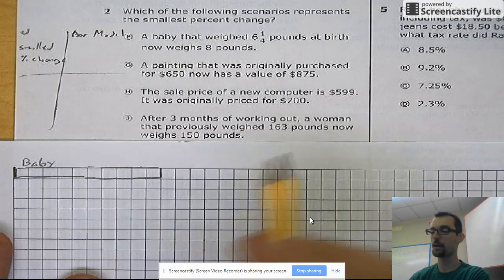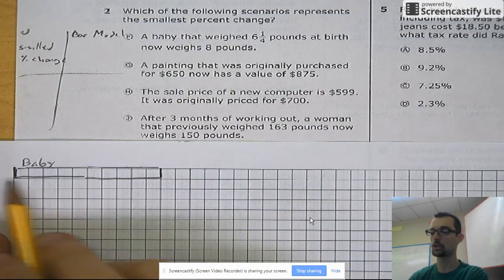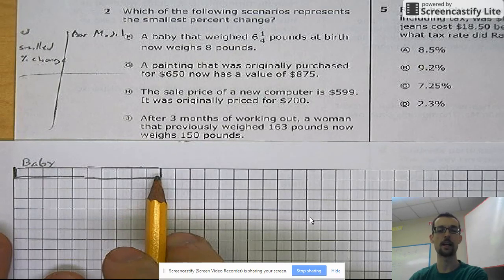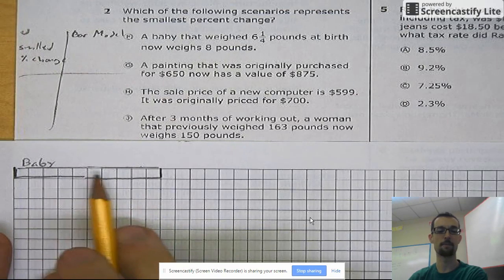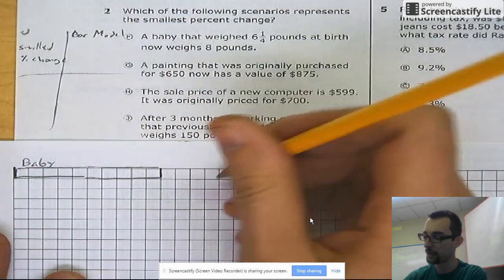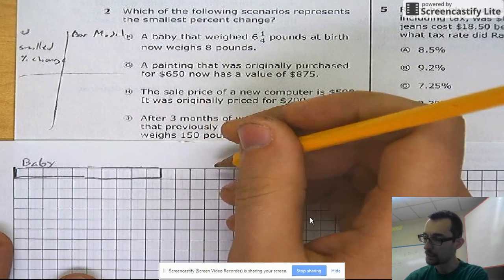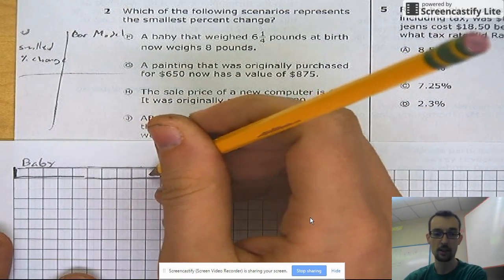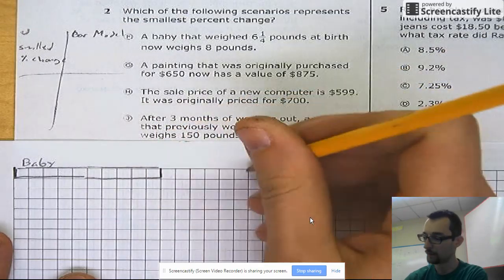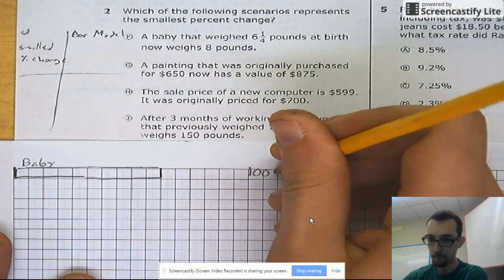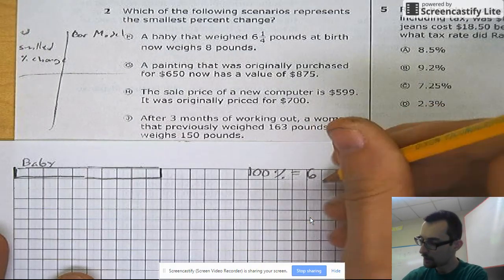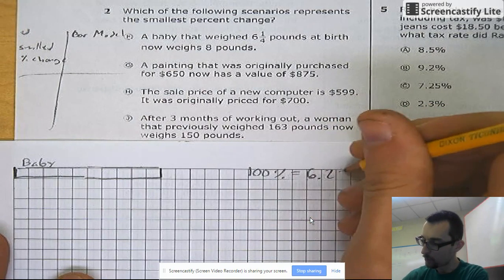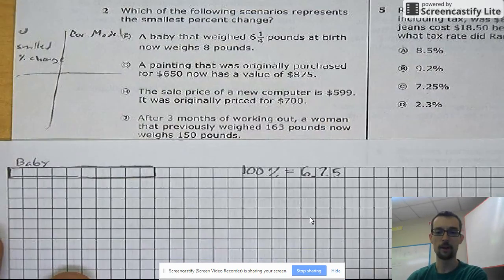All right, and this is why I made this 10 squares long, because it's easy to find. 1/10 of a bar is 10%. Okay, so 10 bars is 100%, right? 100% is 6 1/4, or 6.25, right?